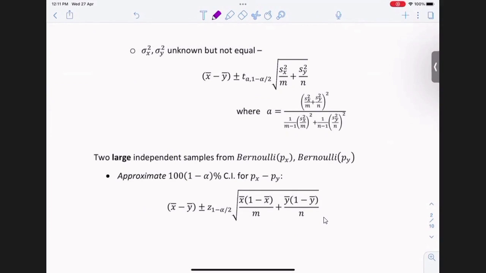Notice that we have no common estimate of the population variance anymore, so we need to do it separately. And for the T quantile, the degree of freedom will be computed using a very complicated formula, very hard to remember. We call this the Satterthwaite approximation. I don't know whether you will be asked to do this calculation in your test or final assessment, but for completeness, I include it because I see this one also appears in your lecture notes.